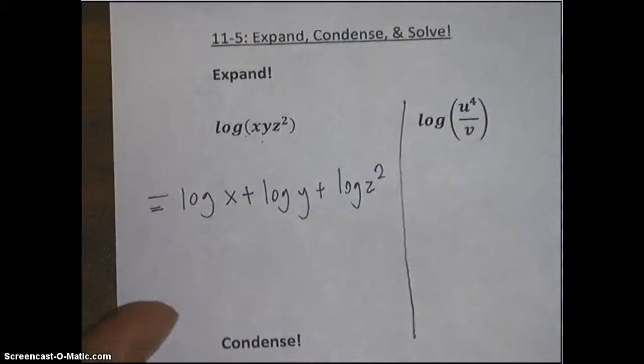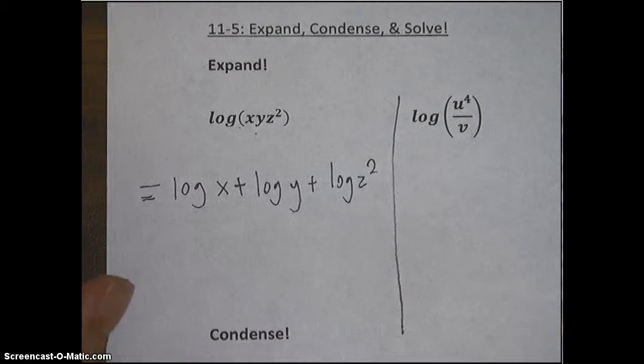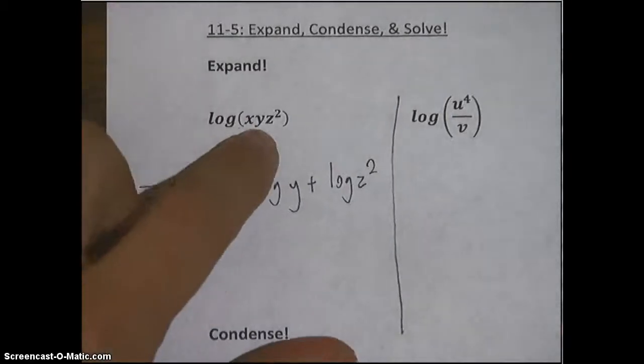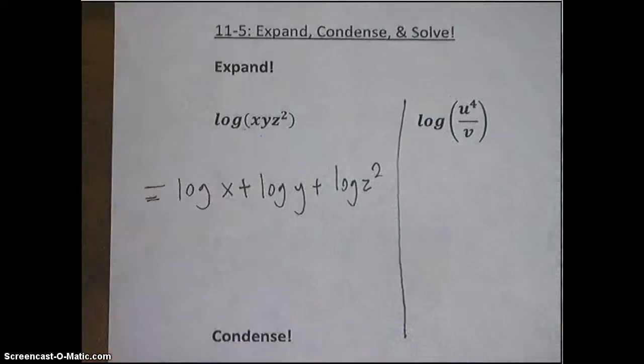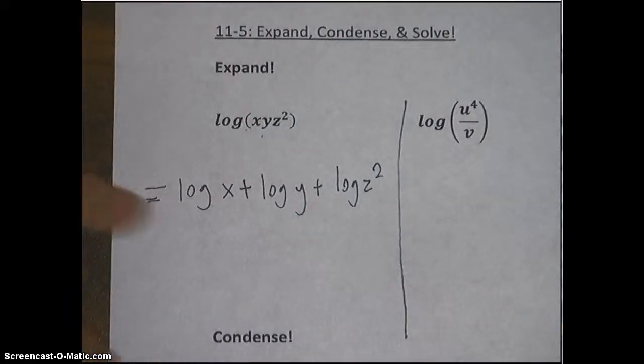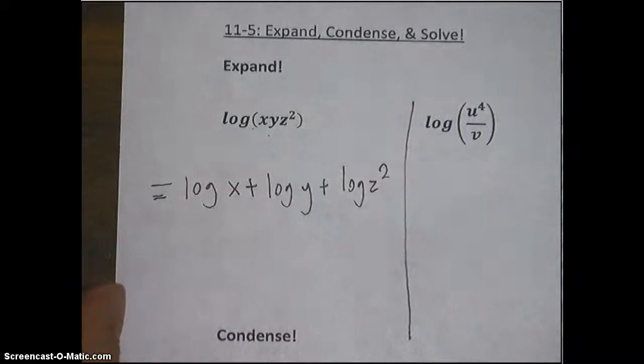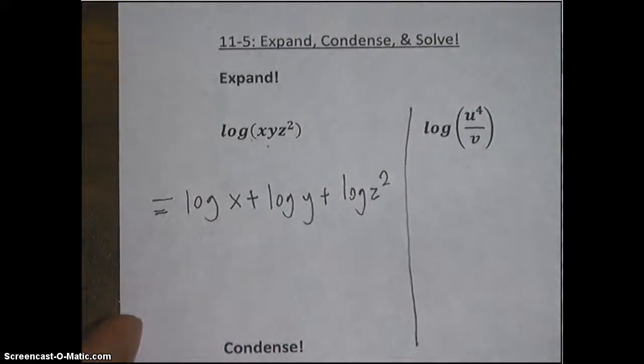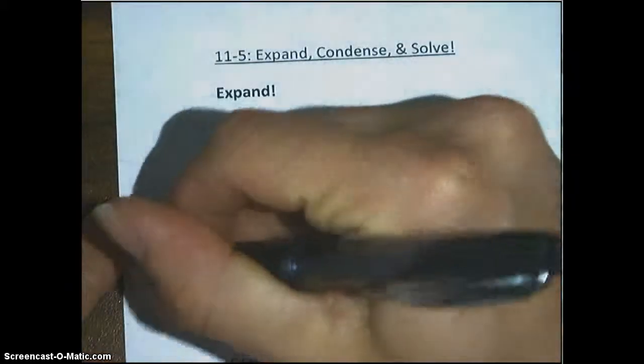Now, the reason I was able to do that is because there's a rule for logarithms that if there's multiplication inside the parentheses of one logarithm, I can expand that to more than one logarithm if I separate the terms by plus signs. Now I can simplify this a little bit further.